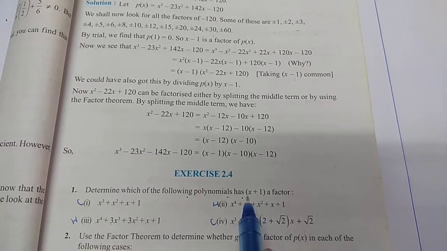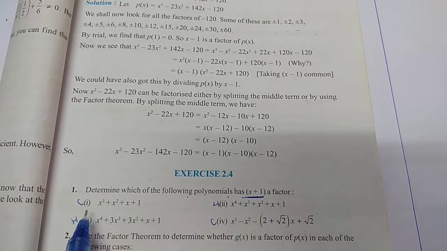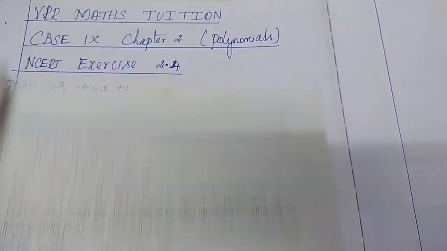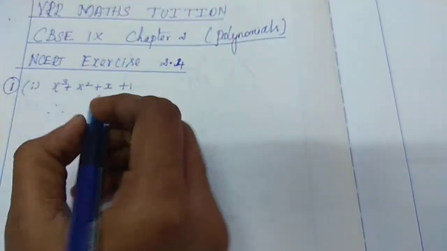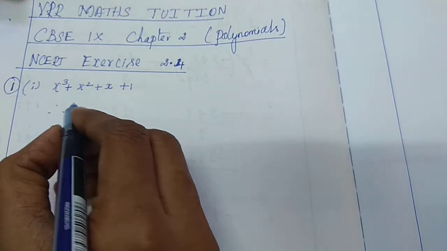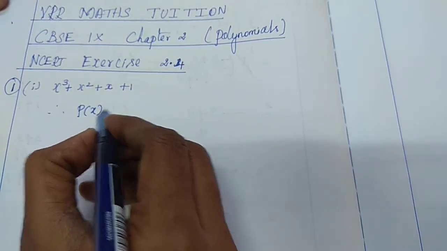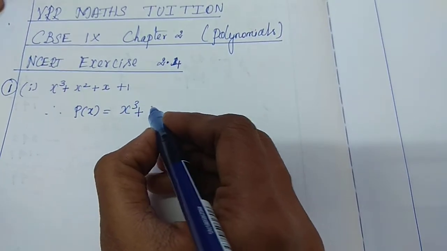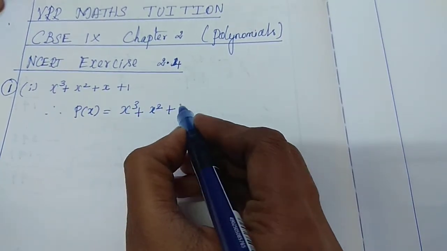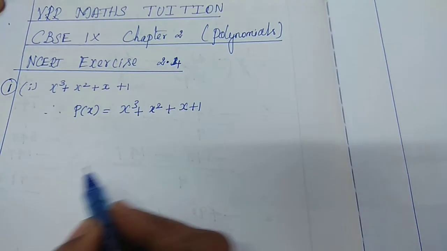So we take this x plus 1 as g of x, and the division number 1 as p of x. Therefore, p of x is equal to x cube plus x square plus x plus 1.